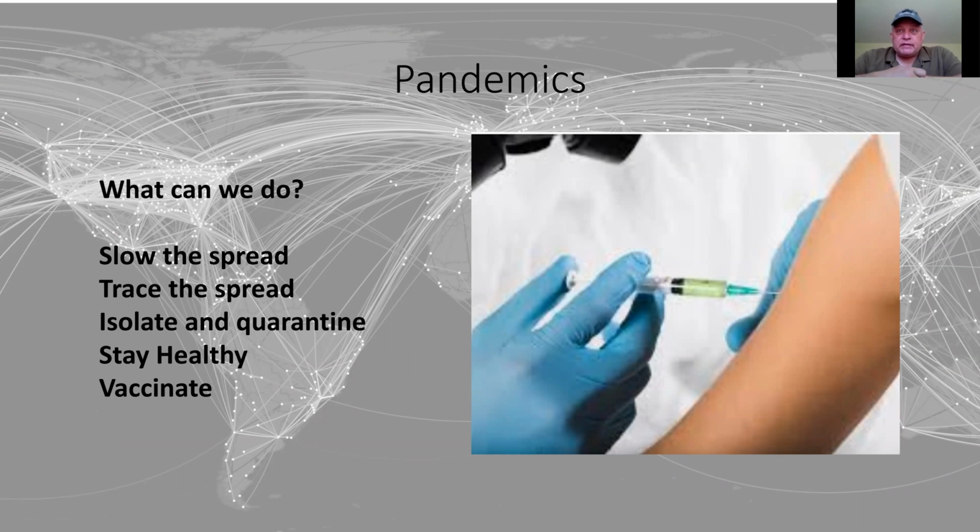And then you need to stay healthy. And that means getting plenty of sleep and eating healthy food so that your immune system will be able to handle it. And then eventually we'll develop a vaccine. All a vaccine is, is what happens when a human gets a disease and recovers from it.